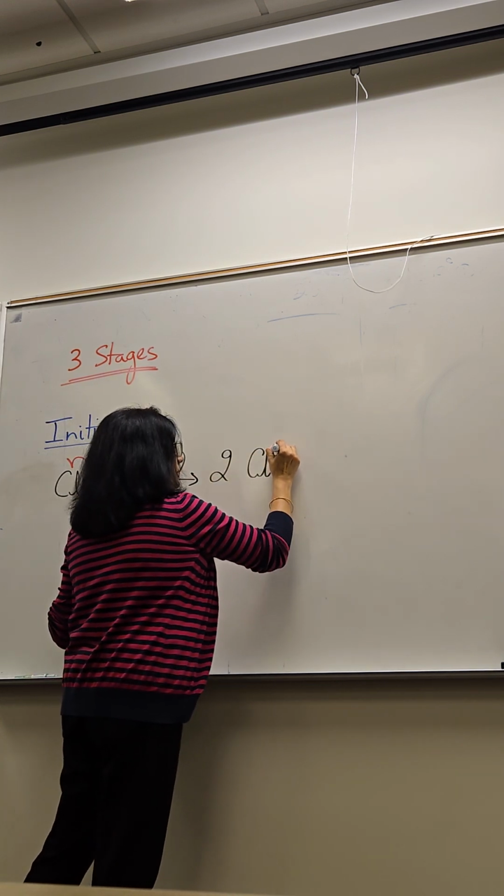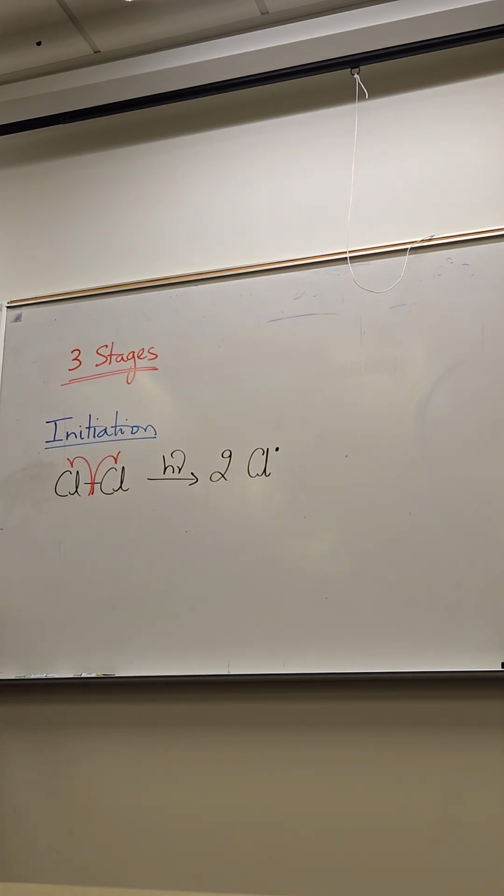Do you guys agree? In this reaction, that's the initiation stage. The halogen breaks apart homolytically, creates halogen free radicals. Now, do you expect this stage to be exothermic or endothermic? Exothermic. So, absolutely.